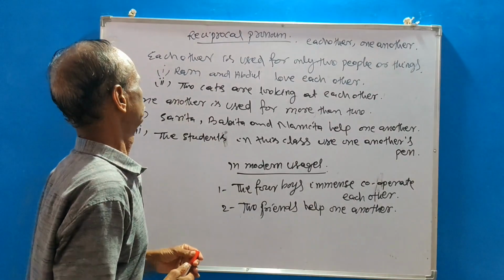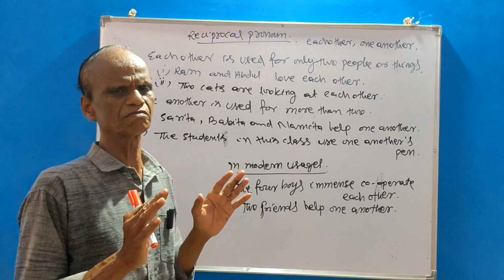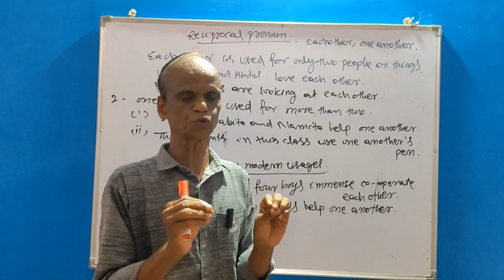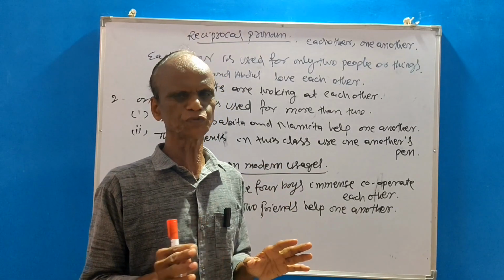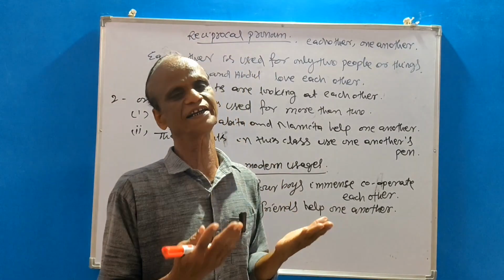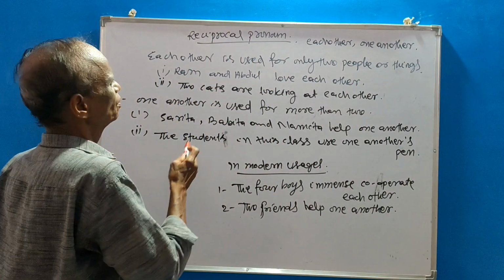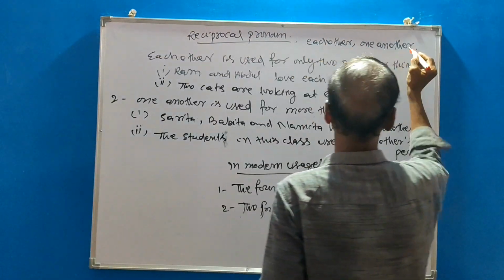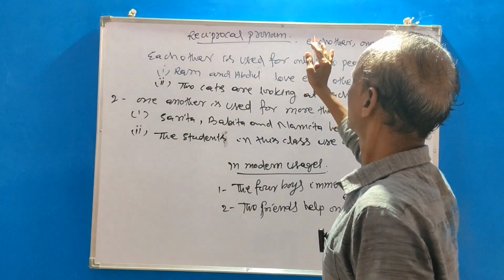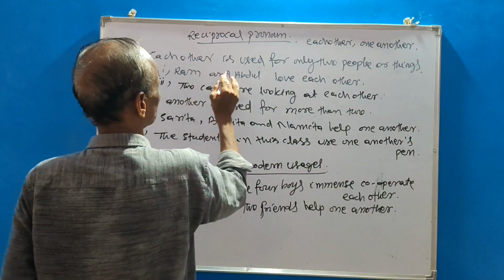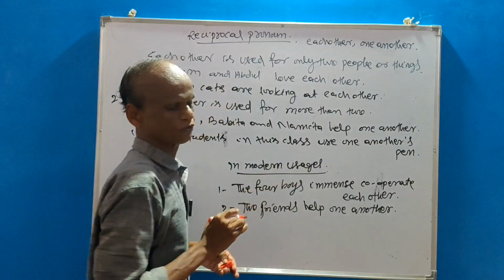Next, reciprocal pronoun. What is reciprocal pronoun? The pronouns which are used to express a mutual or reciprocal relationship. Words like each other, one another. Each other is used for only two people or two things.